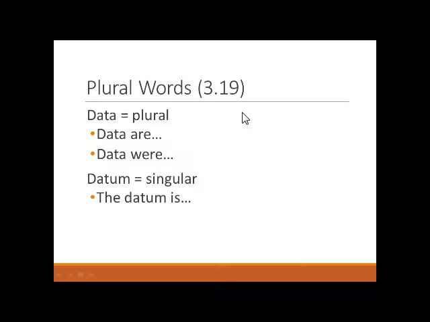Also, APA specifies the word data in particular, and that applies to our class as well. Data is a plural word. I know it's often used incorrectly, but in order to be in compliance with APA, you need to say data were, data are, not data is.